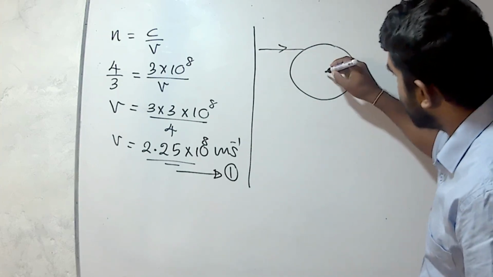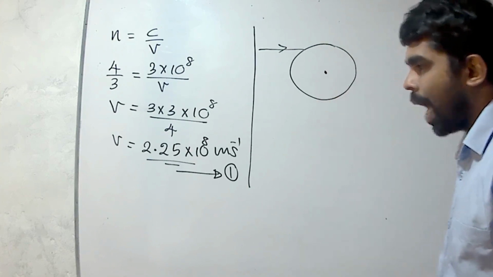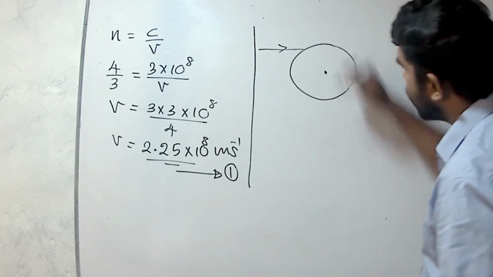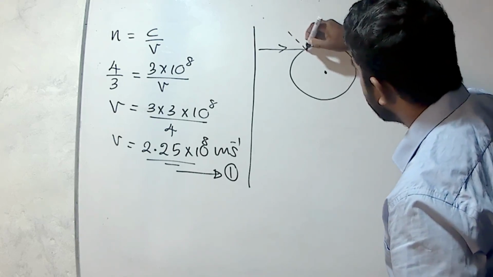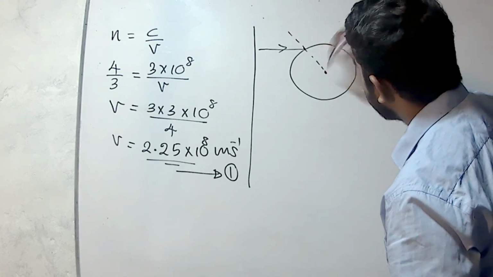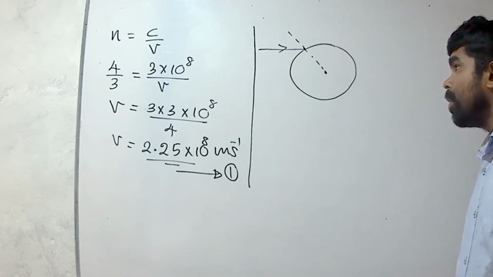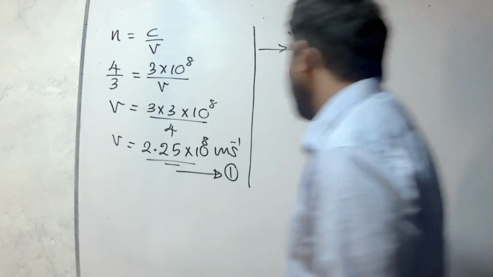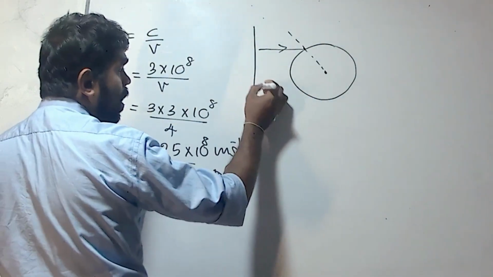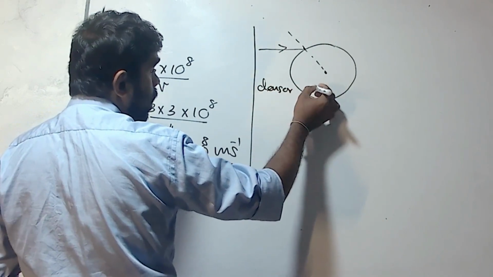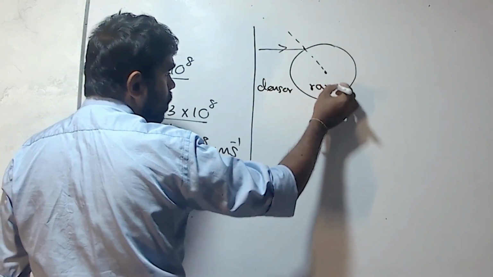We know that a perpendicular line drawn to the spherical surface should be the radius. Then this one is the perpendicular line, the dotted line. And the outer medium is the denser medium and the inner medium is the rare medium.